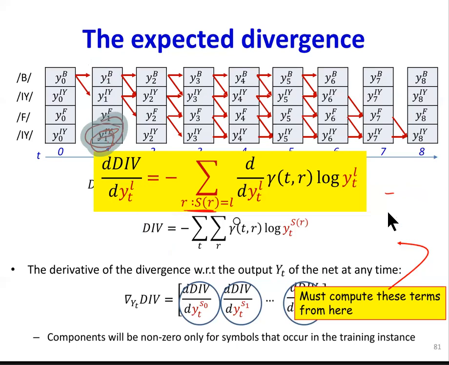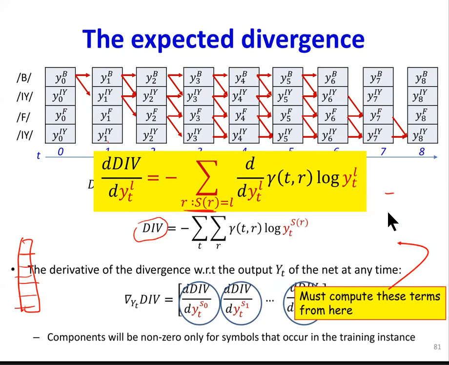So consider this. What we need is to compute the derivative of this divergence for back propagation with respect to the output of the network at each time, correct? At each time, the network produces probabilities for all the symbols, right?